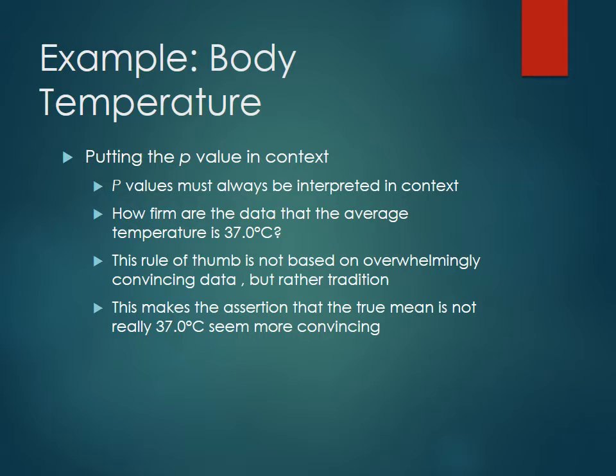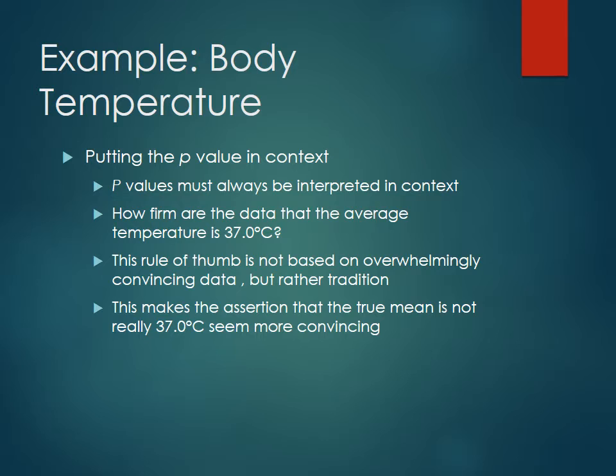Going back to my hypothesis, should I have set the population mean at 37 degrees centigrade? What kind of data am I going off of? It's really important to go back and ask what population mean I was really looking at, and where I'm pulling that data from in the first place.